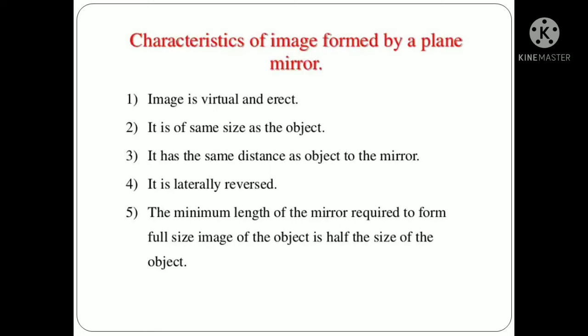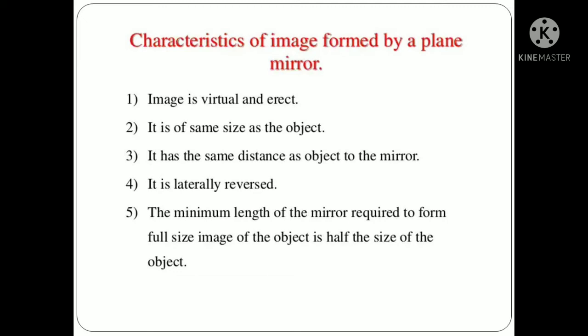It is of the same size as the object, and it is at the same distance behind the mirror as the object is in front. Where you stand and where you see yourself in the mirror, there will be the same size and the same distance. It is laterally reversed.